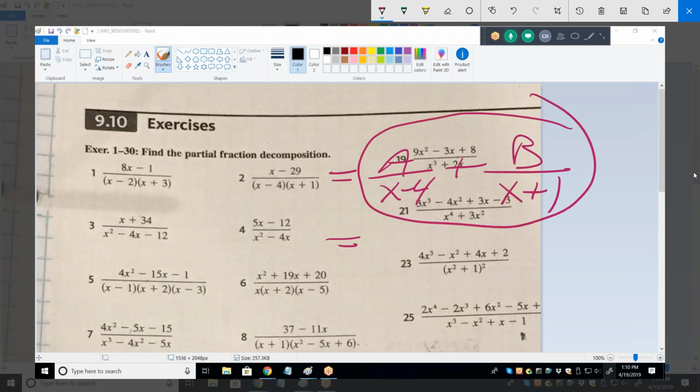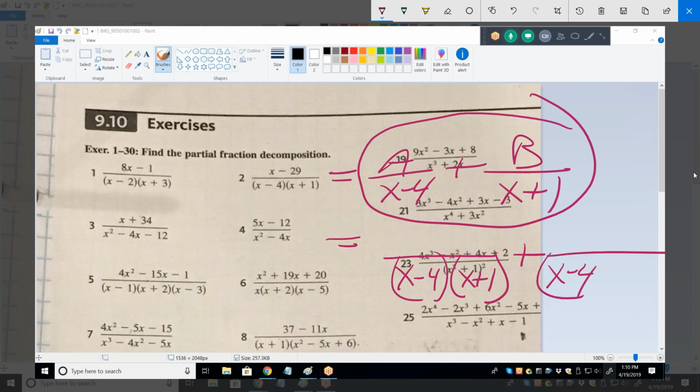How would you add those two fractions together? Find the least common denominator, which is (x minus 4)(x plus 1). That's going to be the denominator. And then you will have A times (x plus 1) plus B times (x minus 4).